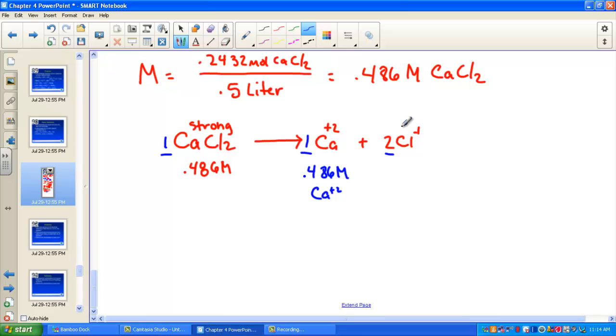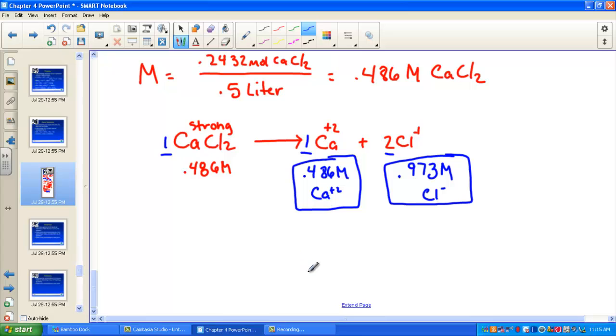So I'm going to double 0.486, and the resulting concentration is 0.973 molar units of our chloride concentration. Calcium chloride releases 1 calcium ion and twice the number of chlorides. Our concentration of chloride indeed would be twice that when compared to calcium.